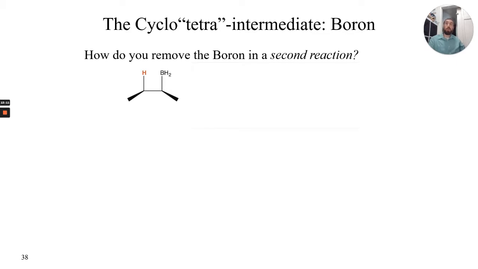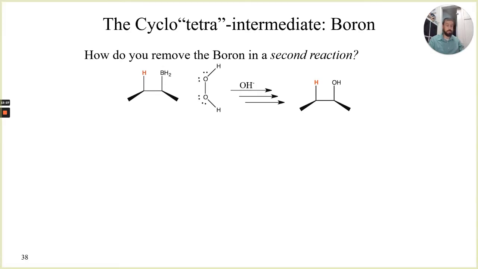So removing boron in the second reaction, we've got our structure drawn up here. What would happen? We'd follow that up with peroxide. Peroxide's going to end up ejecting the BH2 and replacing it with OH. Note a very interesting observation. See where the OH is located relative to the H?